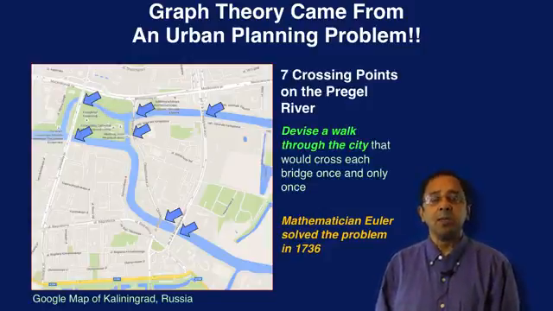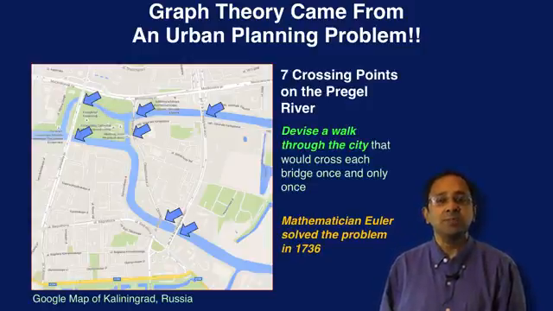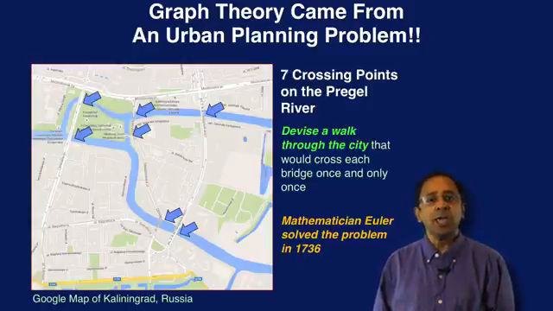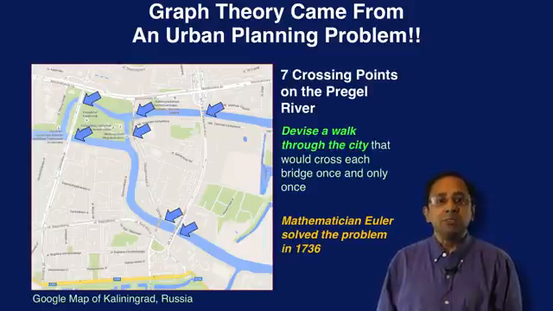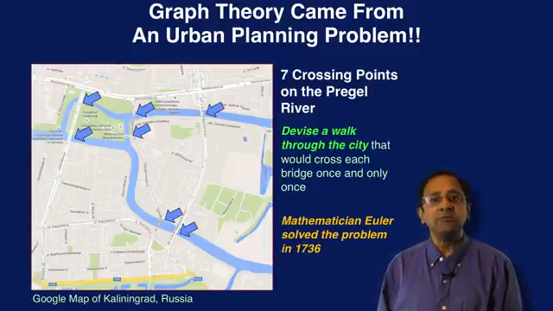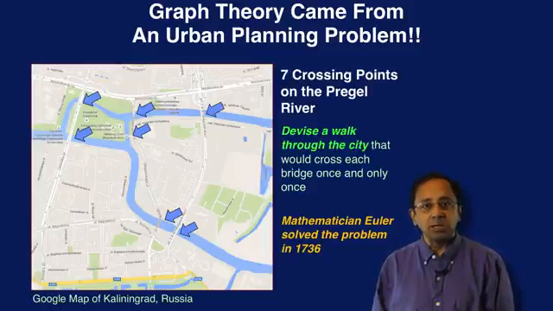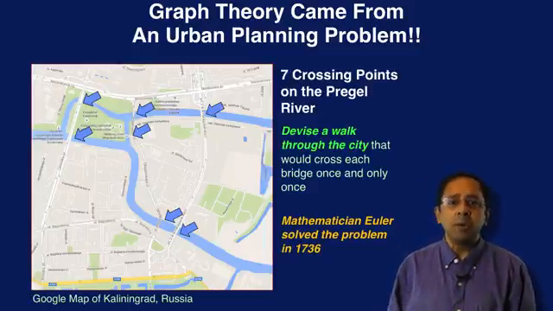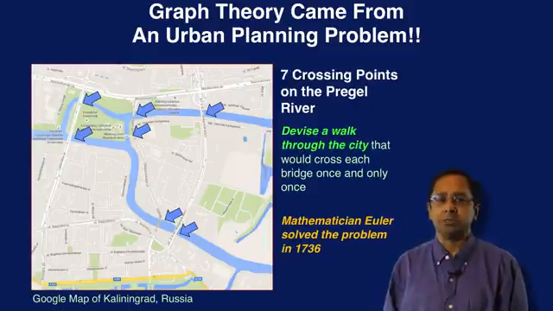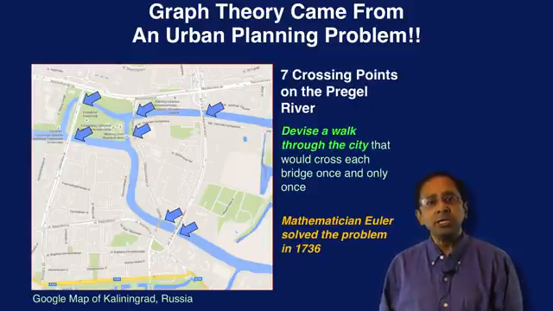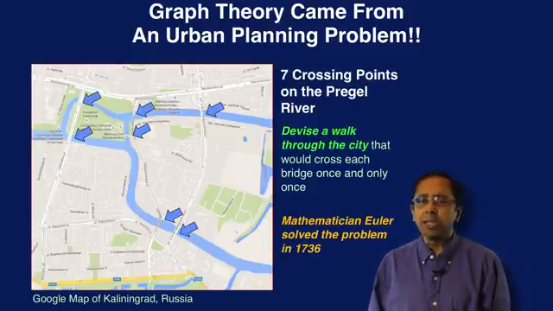bridges. Back in 1736, the city wanted to create a walkway, and the criteria was this walkway would traverse all 7 bridges such that somebody wanting to go from one part of the city to another can cross a bridge only once. Now, this is sort of an urban planning problem, right?